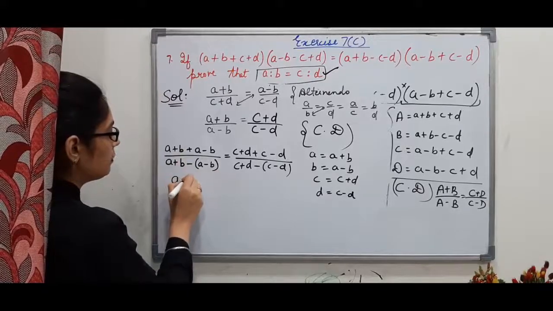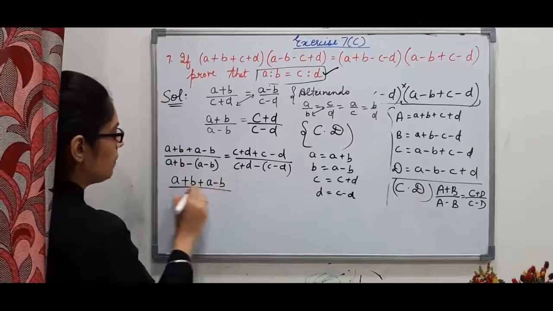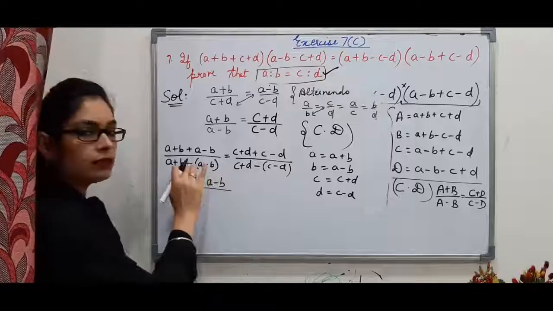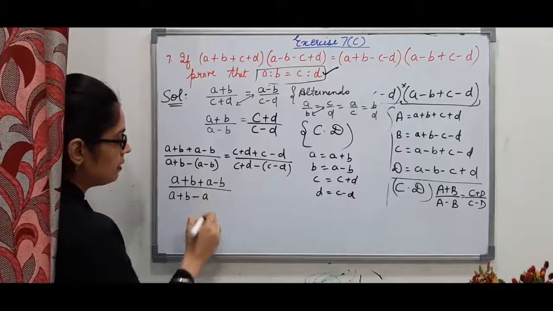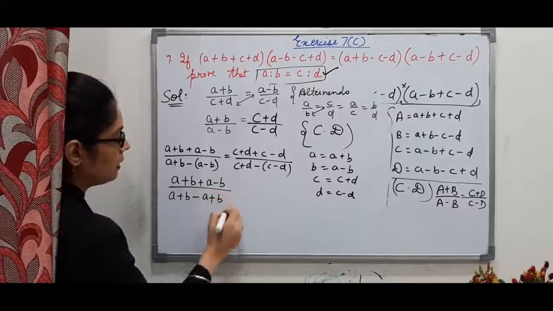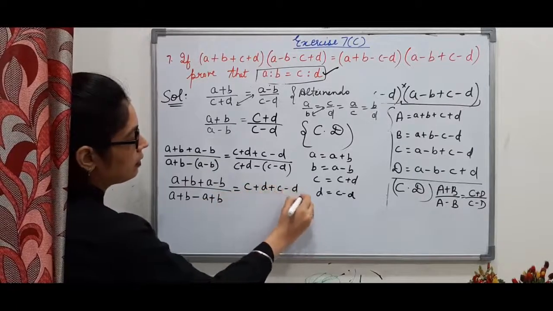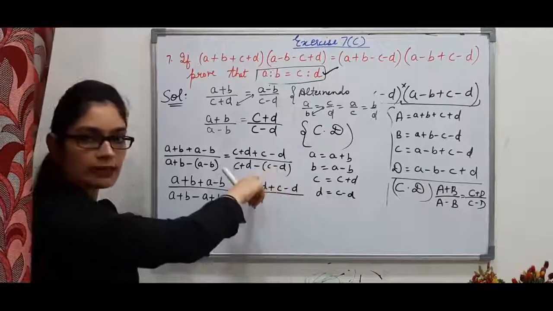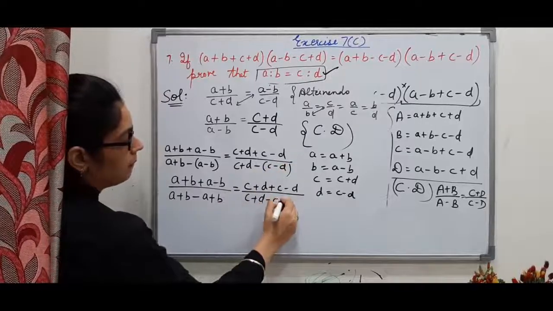I will write same terms, a plus b plus a minus b upon a plus b minus, see minus sign outside the bracket means inner signs will get changed. So minus a minus minus plus b, c plus d plus c minus d upon c plus d. Here again minus sign outside, so these signs will get changed, minus c plus d.